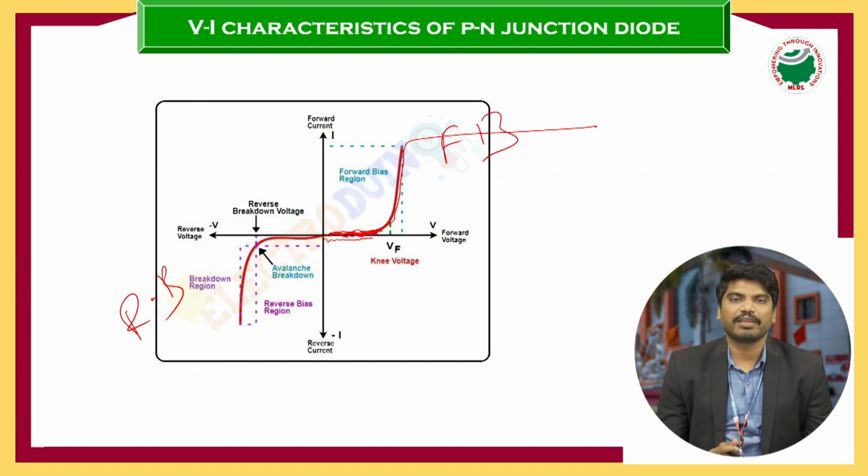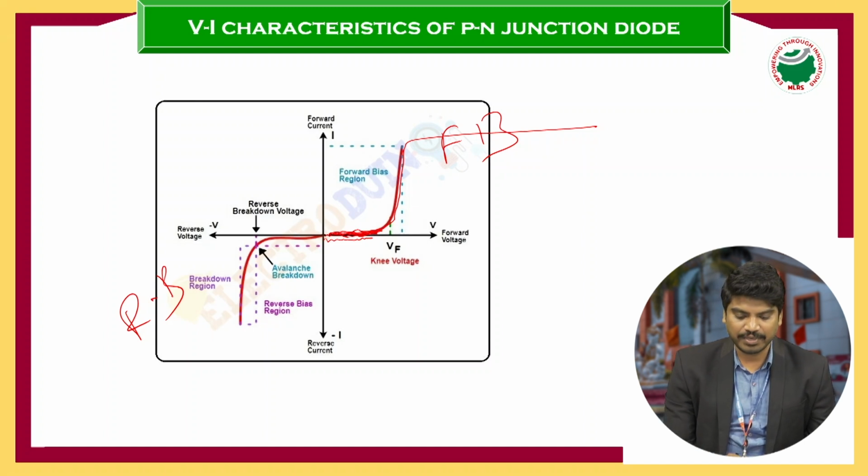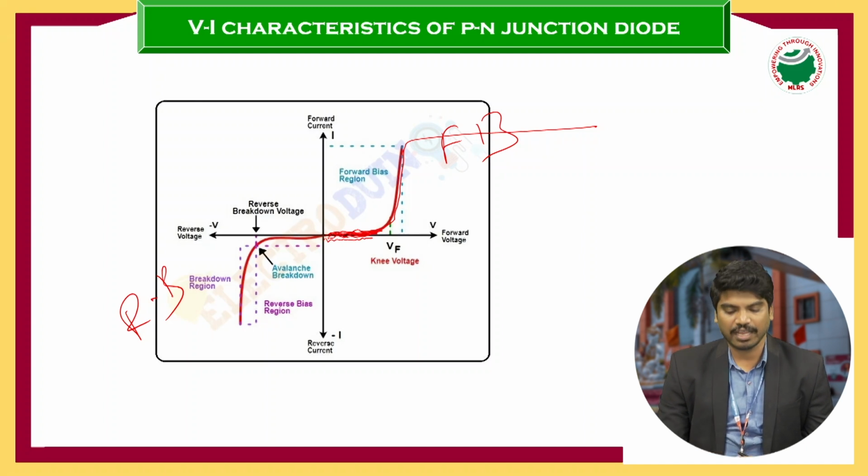Suppose I have started a motorcycle, and if I am moving through a water-logged area, then my speed is very, very low, that is 0. If I enter a metal road or single road, my speed will increase slowly. Then if I enter a double road, my speed will increase much more. Then if I enter a bypass, highway or expressway, my speed is saturated at whatever maximum speed is possible.